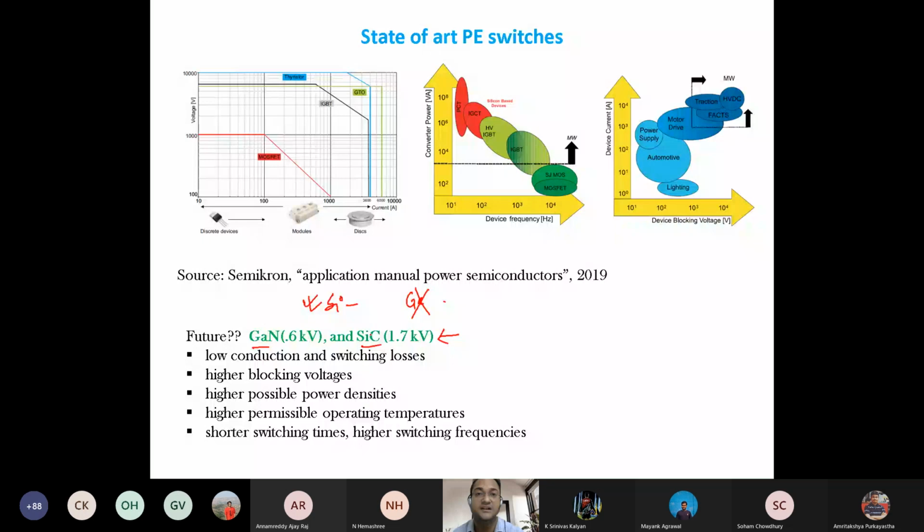We call them wide bandgap devices. Okay. So these are the emerging switching devices. But germanium we don't use much. Maybe you can take it as a homework, why not? Right, and this I'll discuss later, and for which application you use which devices.